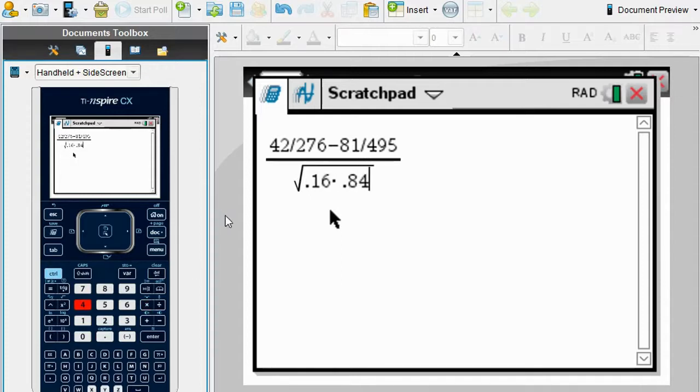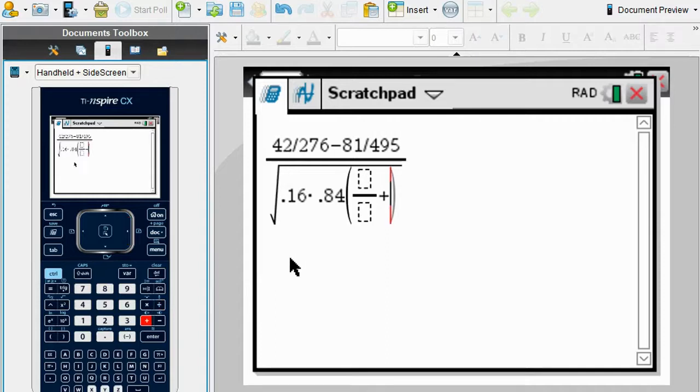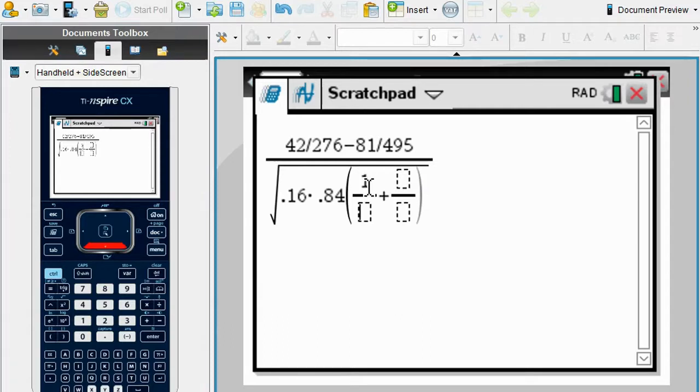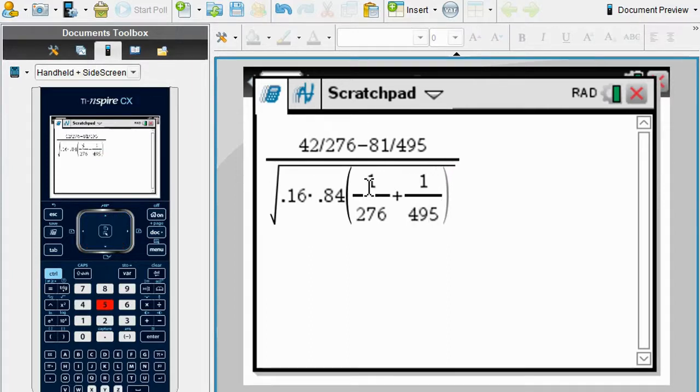I think I'm using a rounded number, but that's okay. In a minute, we're going to use the calculator for the exact number. So I think it was 1 over 276 plus 1 over 495. Everything looks good.